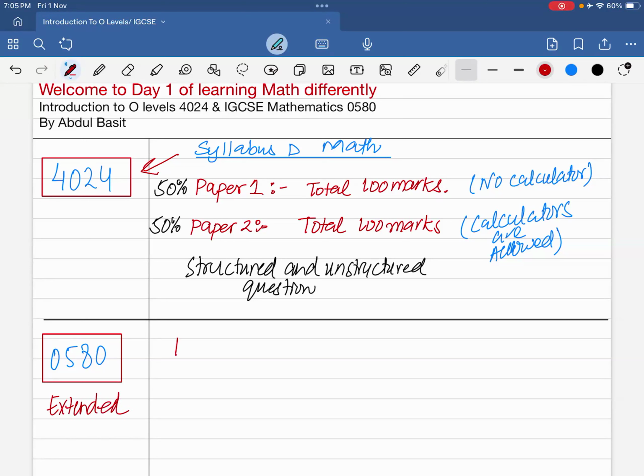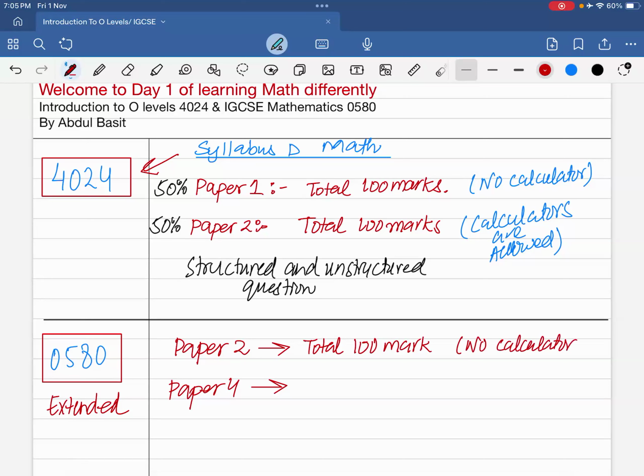In this, you will be having paper 2 and paper 4, and this syllabus is changed, and this is the first time this syllabus has a no calculator paper. So total marks again would be 100 marks, same as O levels, with no calculator.